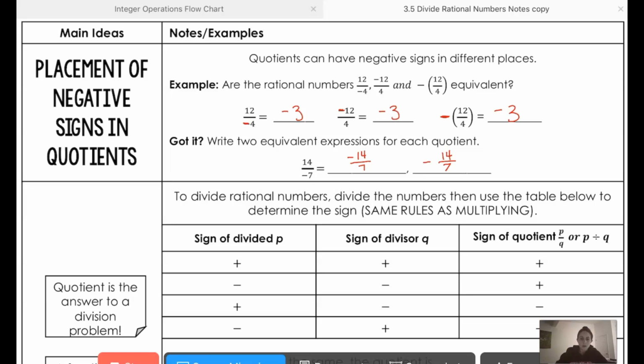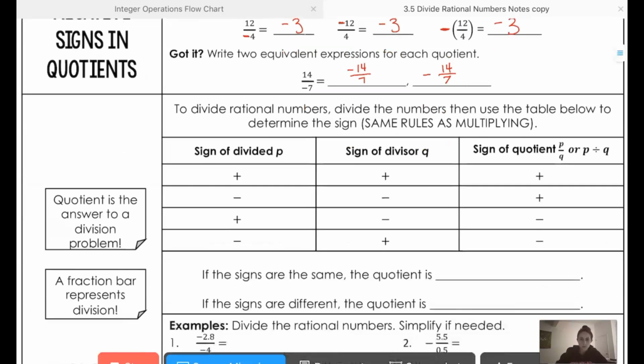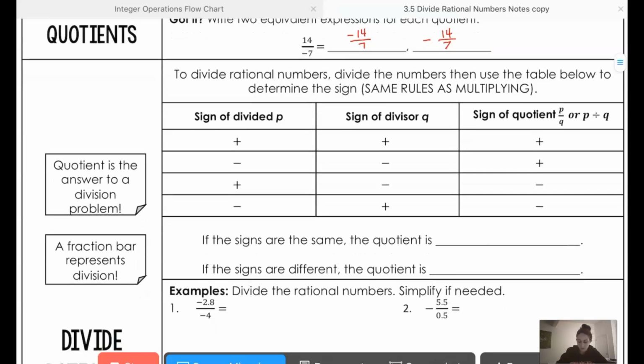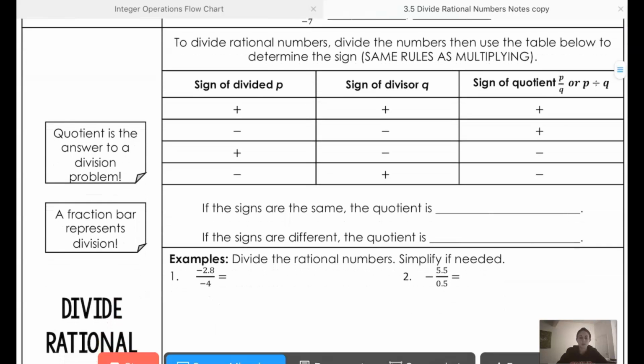Now let's look at how to divide rational numbers. When we divide rational numbers, the rules are the same as when we divide integers. So if we have a positive divided by a positive, it's a positive. If we have a negative divided by a negative, it's a positive, right? If the signs are the same, it's positive. And then if we have a positive divided by a negative, it's a negative.